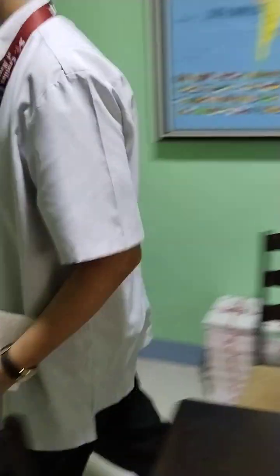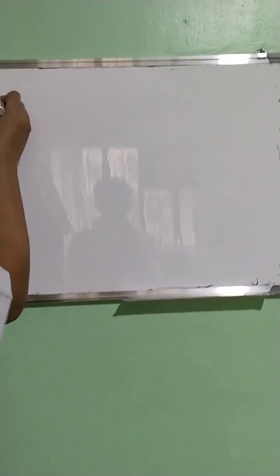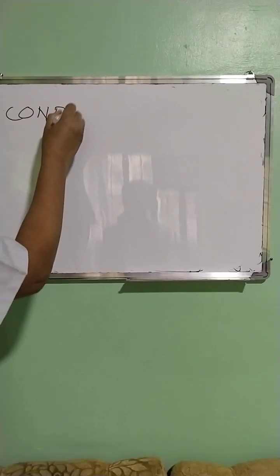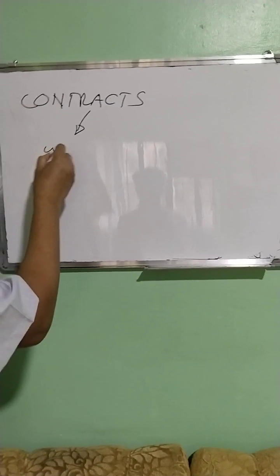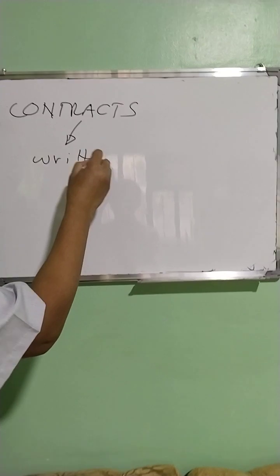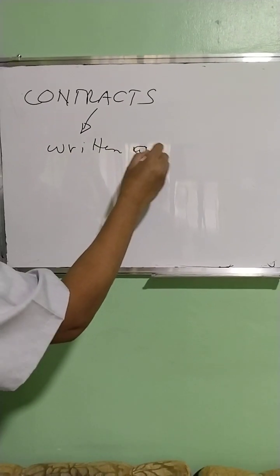Last time, we talked about the three essential requisites of a contract. And what are they again? When we talk of contracts, we are talking about contracts in the Philippines, more on written contracts.